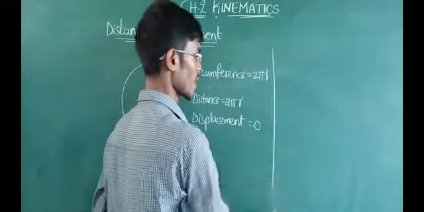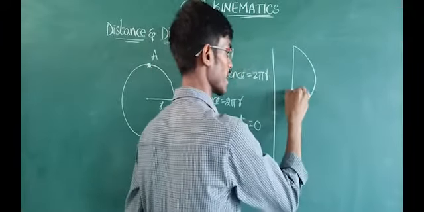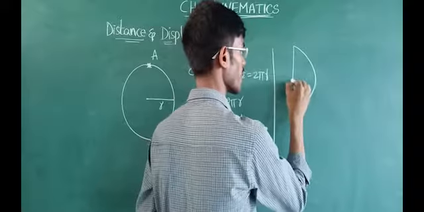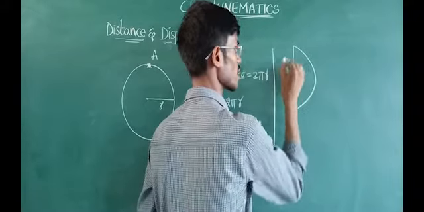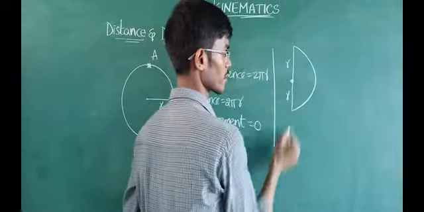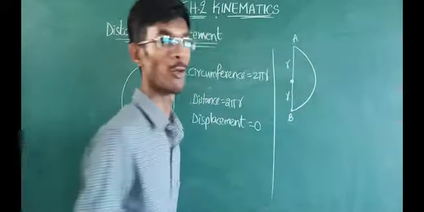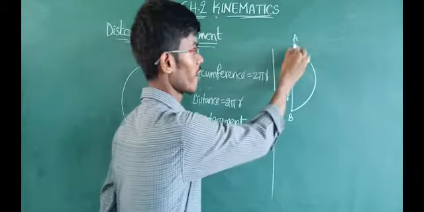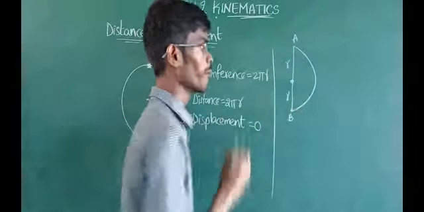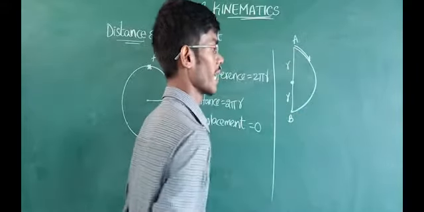Then, if we consider a semicircle of radius r, this is r, and from this point to this point is r. So here the object is traveling from A to B. This is the actual path traveled by the object.